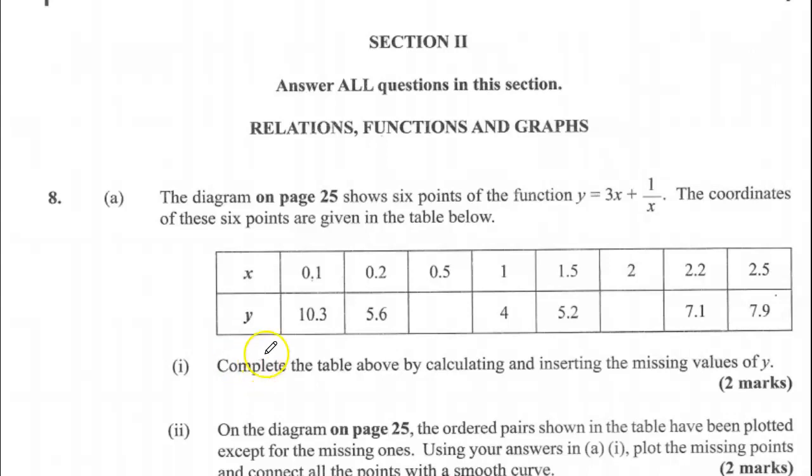So the missing value of y is when x is 0.5. To get this missing y value, y is 3 times x, so it's 3 times 0.5 plus 1 over 0.5.